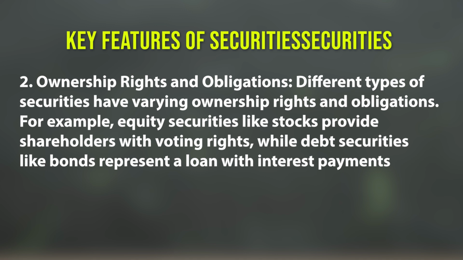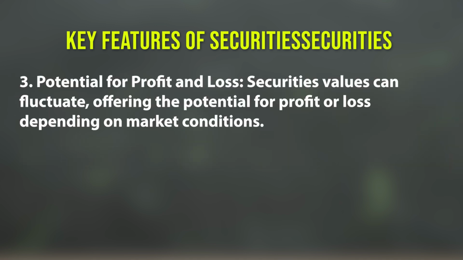For example, equity securities like stocks provide shareholders with voting rights, while debt securities like bonds represent a loan with interest payments. Third one is the potential for profit and loss. Securities value can fluctuate, offering the potential for profit or loss depending on market conditions.